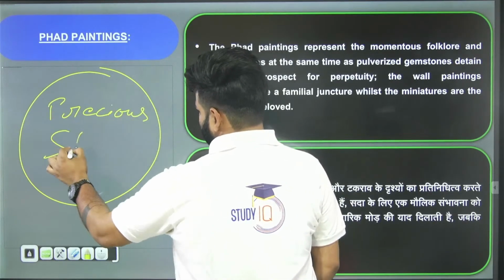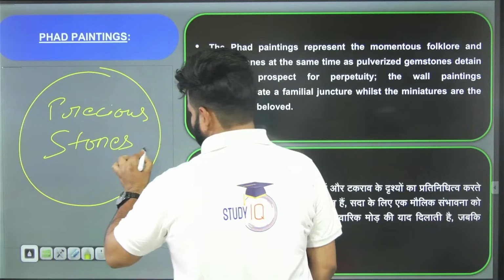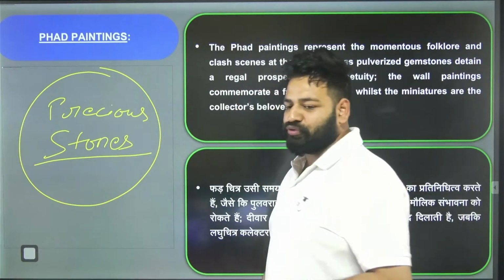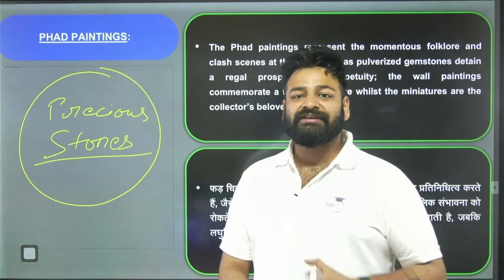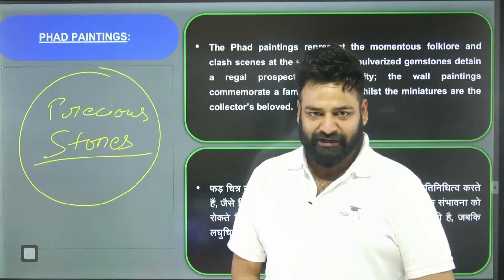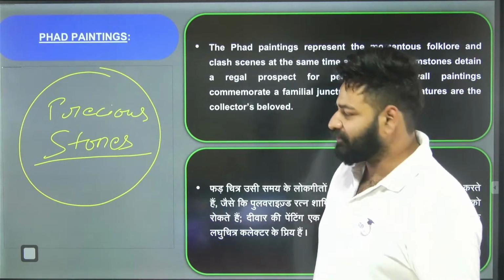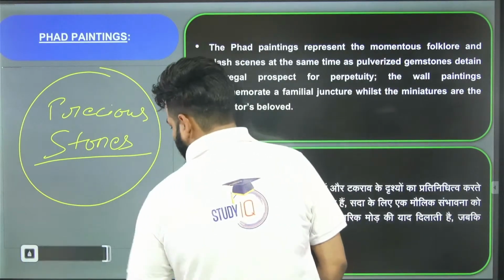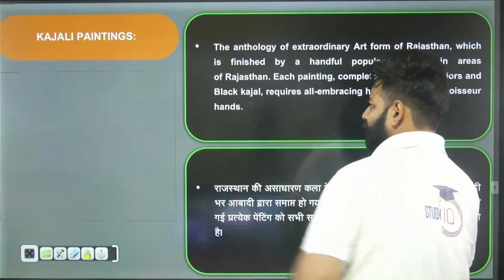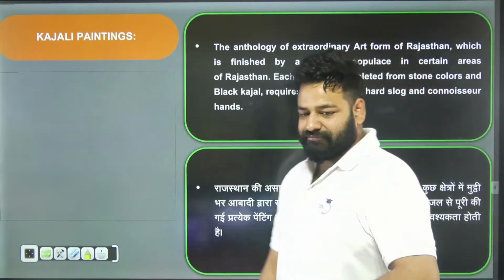With what? Precious stones. And the stones used to represent some extra amount of heroism in the paintings, specifically dedicated to Raja Pabuji and Dev Narayan. Next comes the Kajli.